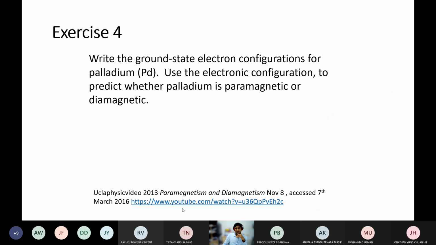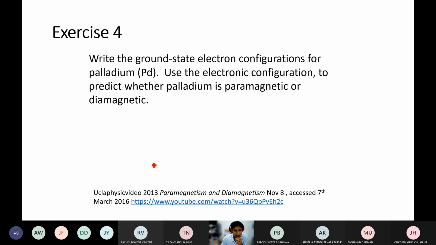Okay, and for palladium, the ground state electronic configuration, let me check how many electrons palladium has. Palladium has 46 electrons.